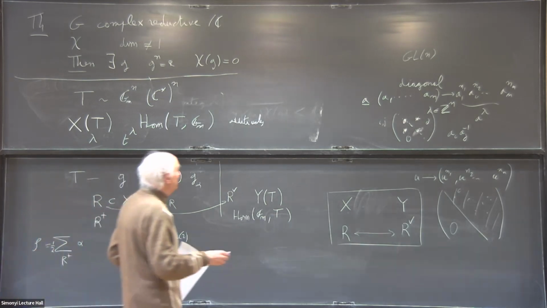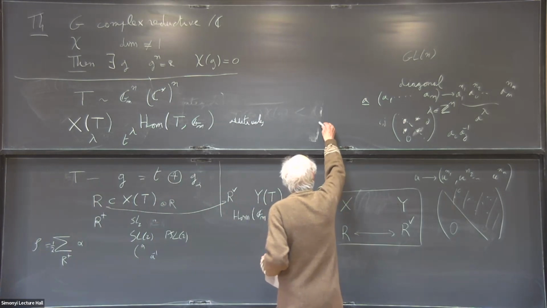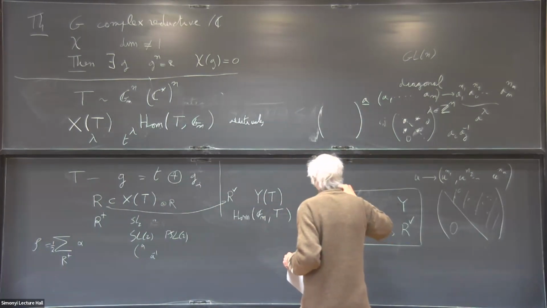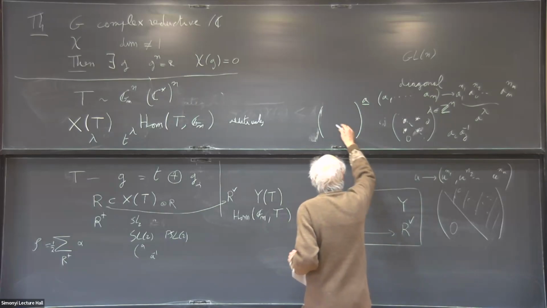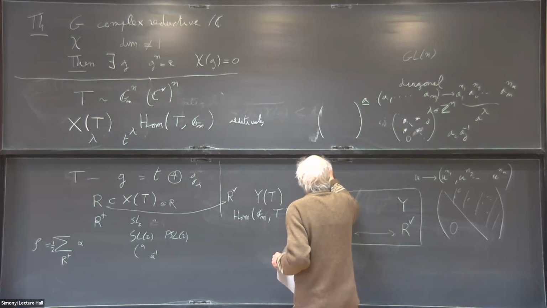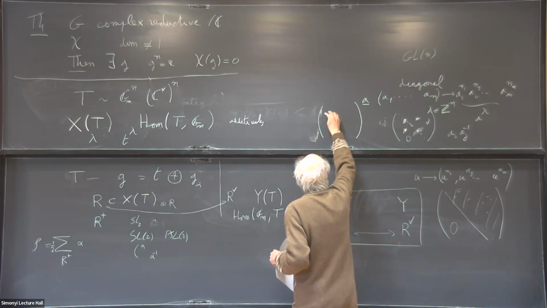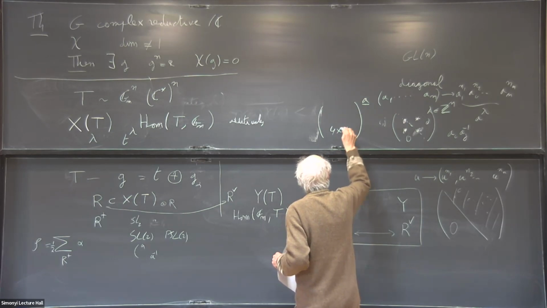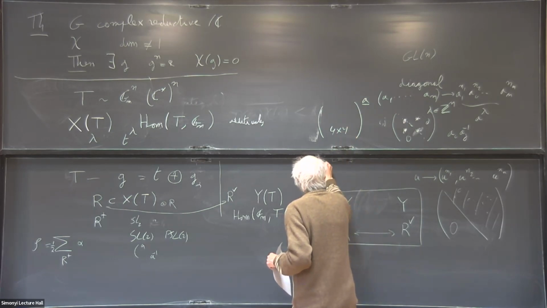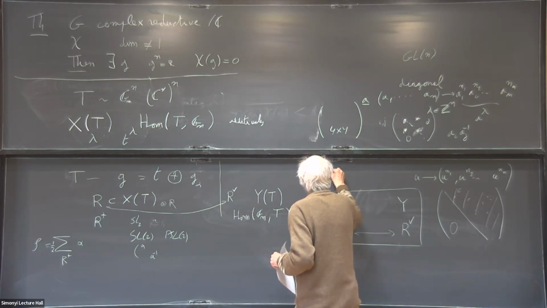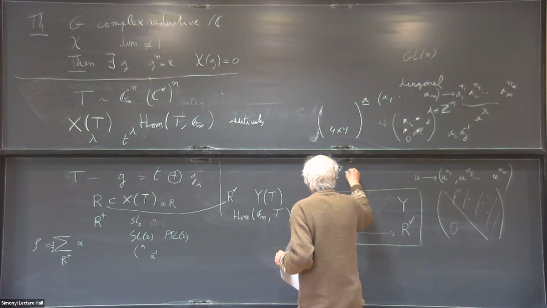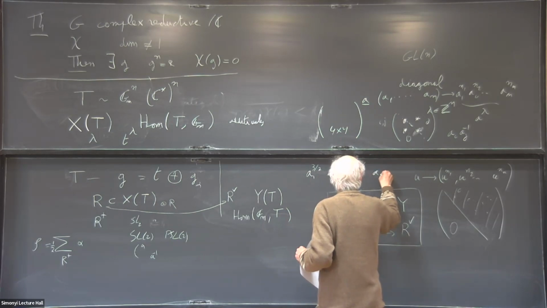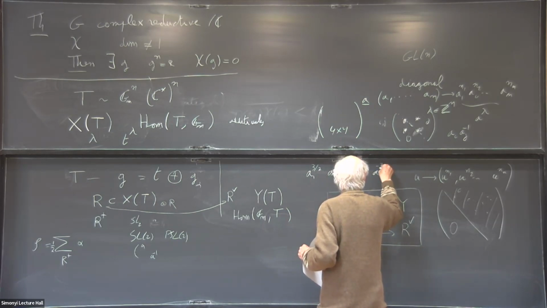And if I look at the example of SL4, this means that one looks at the character, which takes A, so it is 4 by 4 here, then A1 to the 3 over 2, A2 to the 1 over 2, A3 to the minus 1 over 2, A4 to the minus 3 over 2.